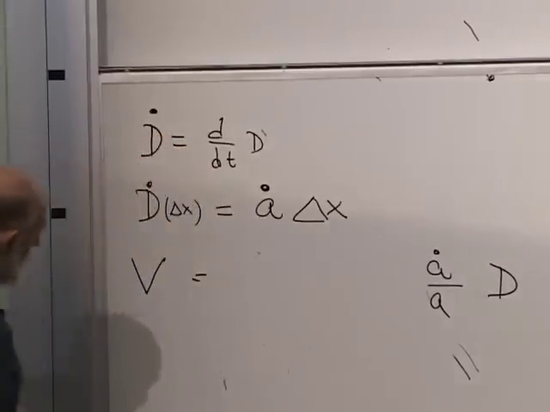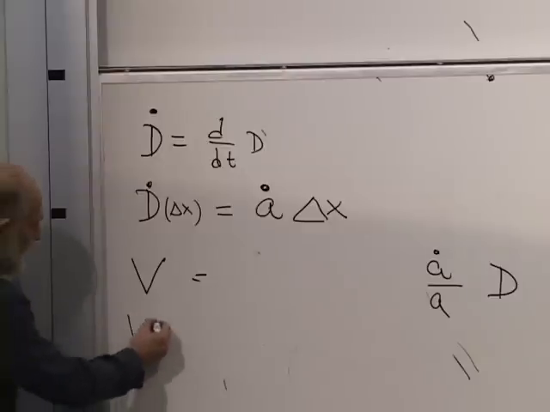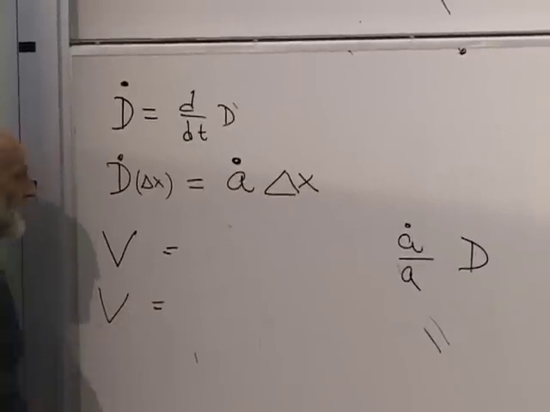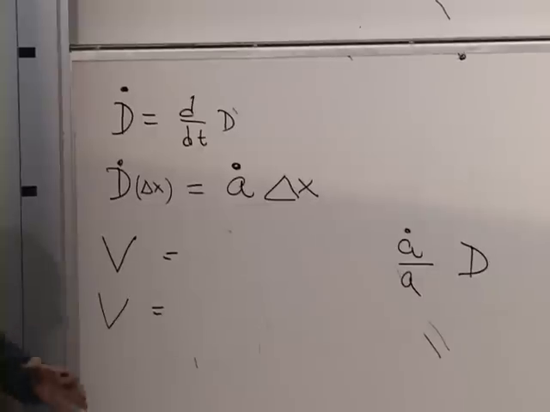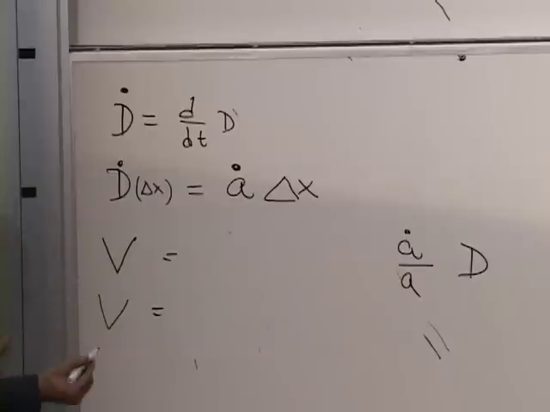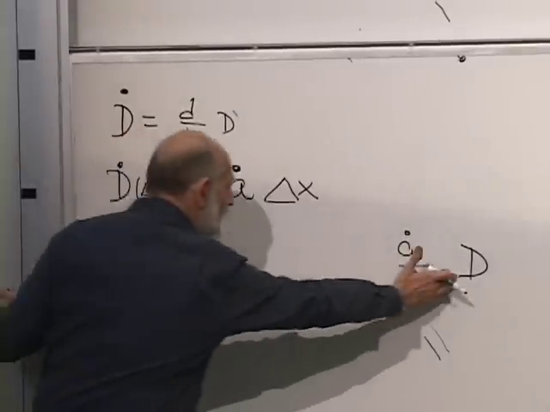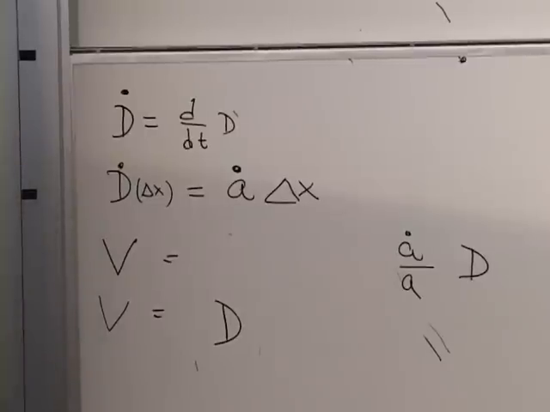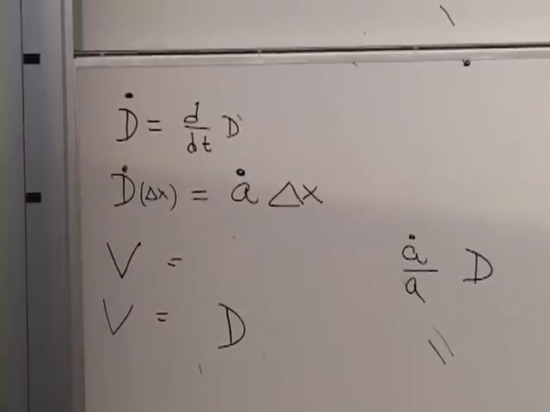And what this equation then says is the velocity between 2 points is proportional to something which does not depend on which galaxy we're talking about, A dot over A, we're going to give it another name in a moment, times the distance between them. Anybody know what the name of A dot over A is?